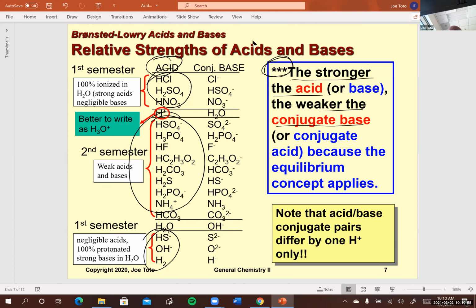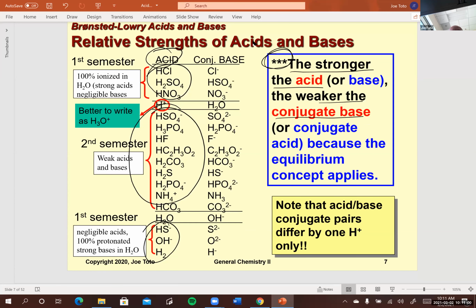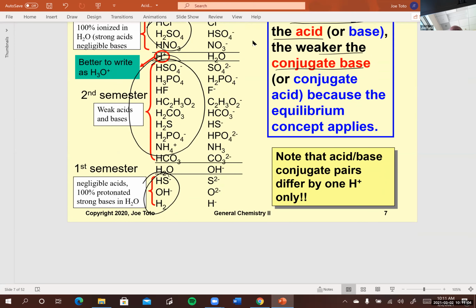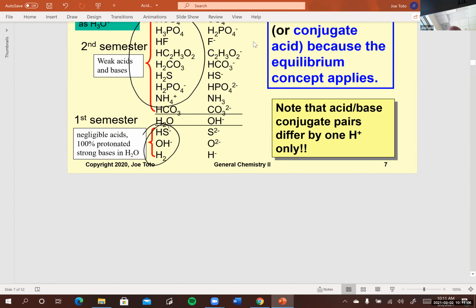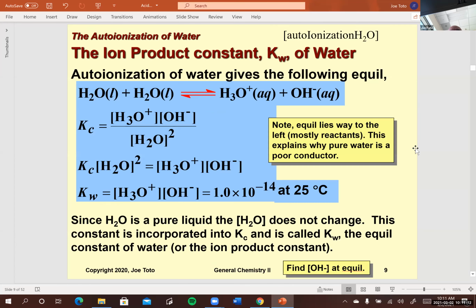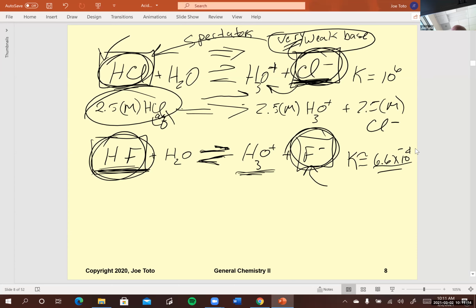In fact, if I take a solution of sodium chloride, I could stick that in my mouth. I could gargle with sodium chloride, right?